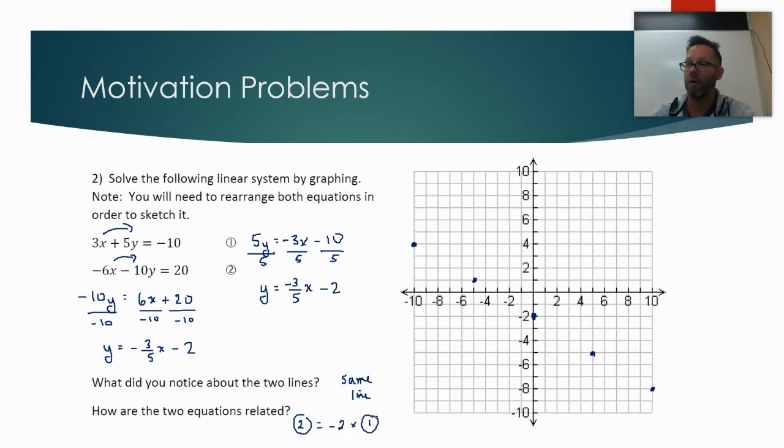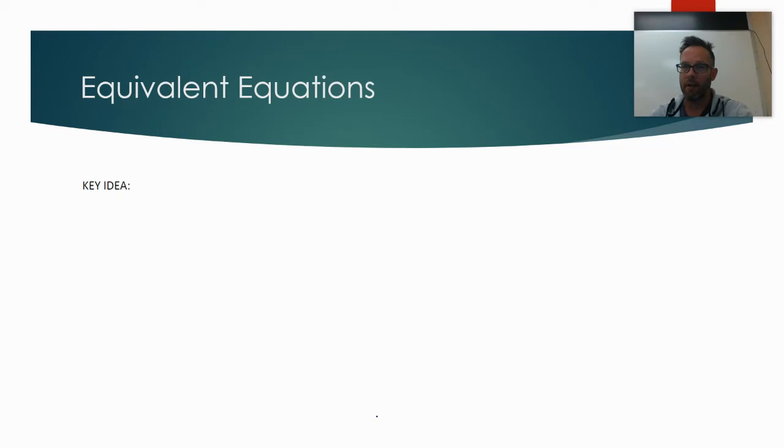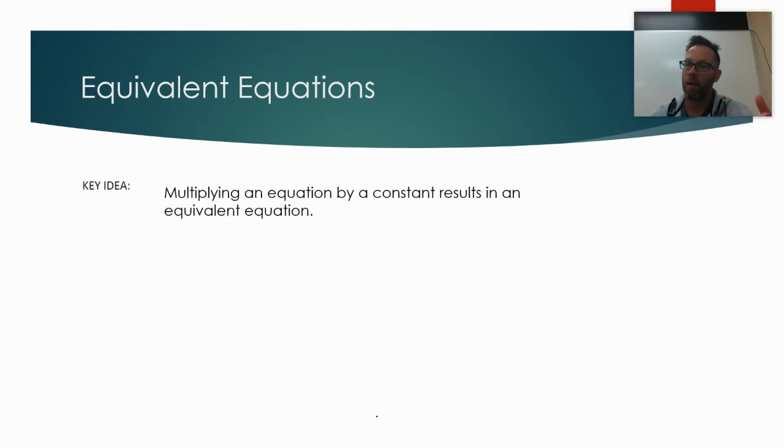And hopefully what you're convinced of now is that if you have one equation of a line and a second equation of a line that is just a multiple of the first one, they're going to be the same line, which is our key idea here, this idea of equivalent equations. If you multiply an equation by a constant, we say that results in an equivalent equation because it produces the same graph.